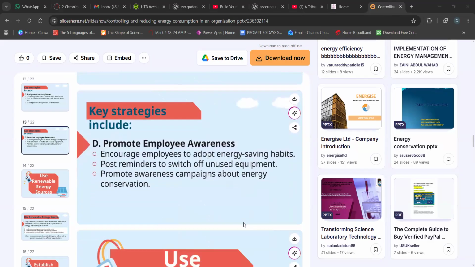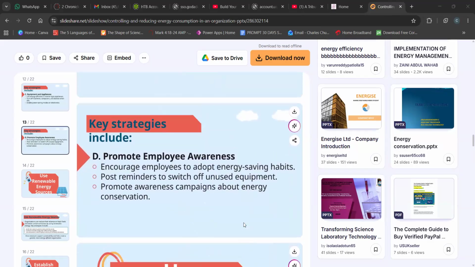All right. Of course, this is the one I talked to you about. I said telling people, right? I don't know if it's like a training, but when you tell people that anytime you're leaving a room, turn off the lights. Anytime you're not using an electronic appliance, turn it off. So this falls under awareness, where you promote employee awareness.